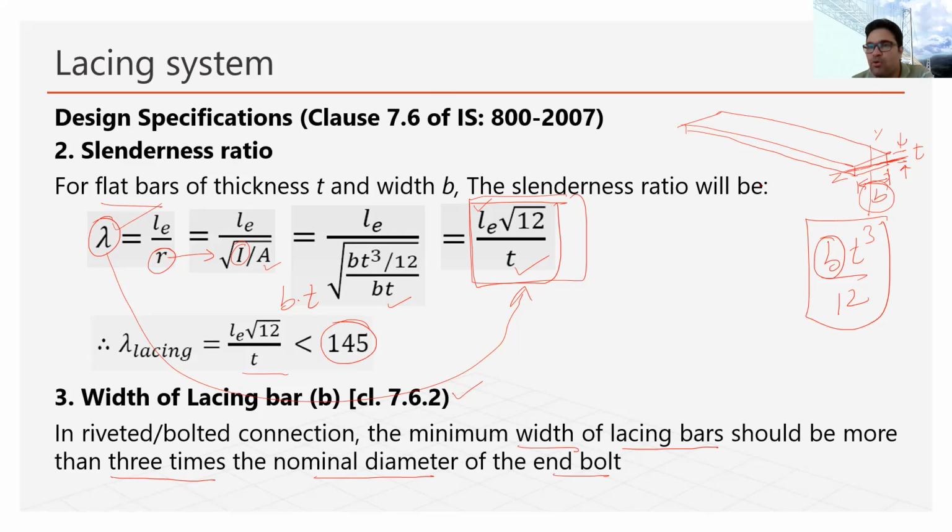So whatever bolt we are using, if we are using bolted connections, the bolt diameter may be D, so the width of the lacing bar should be more than 3 times the nominal diameter of the bolt.